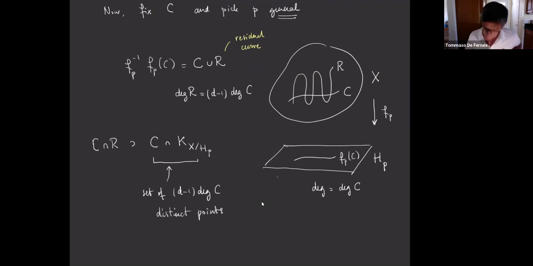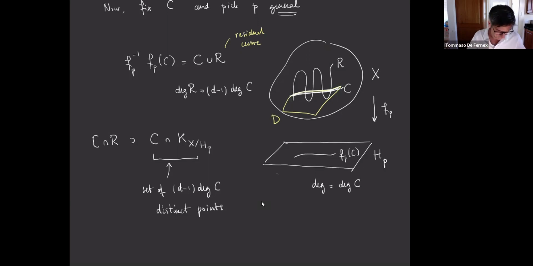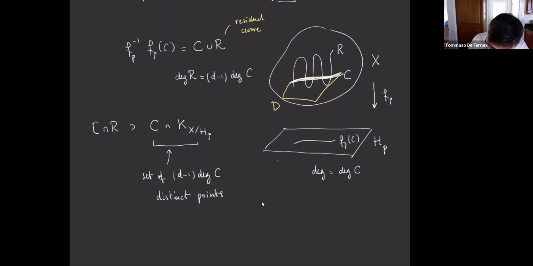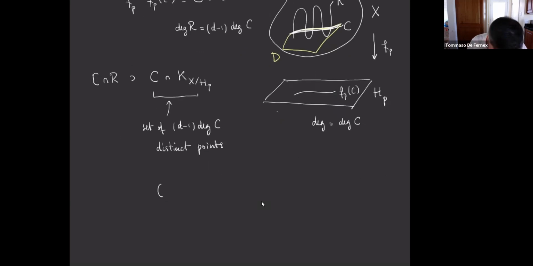Okay. But now remember that we have a divisor D also. So the divisor D, I'm assuming that it goes through C with a certain multiplicity. So this is a divisor D. So it's going through the curve C. The curve C was this one. Okay. So now I'm going to compute the intersection of D with the residual curve.